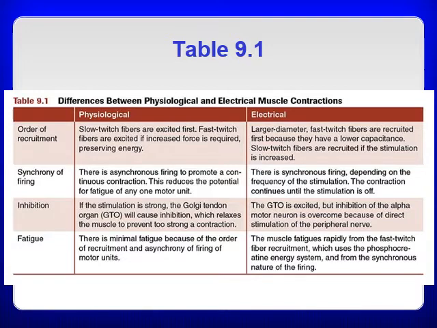Fast twitch fibers have the potential to atrophy much faster, and we know how important they are for a lot of activities, especially force production. So for injured individuals who can't produce a physiologic contraction, it's important to be able to limit the disuse of those fibers.